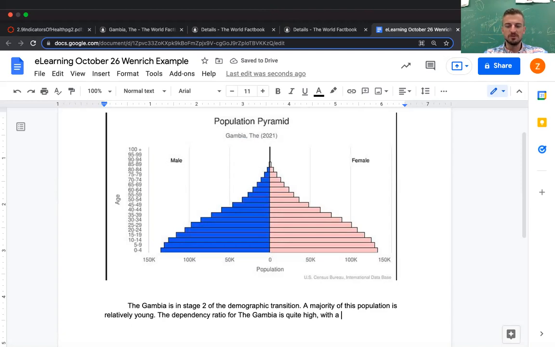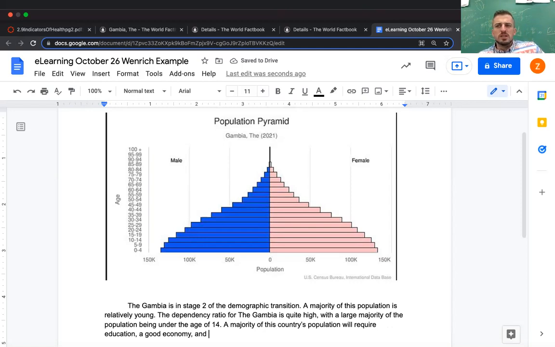With a large majority of the population being under the age of 14. A majority of this country's population will require education, a good economy, and young people.